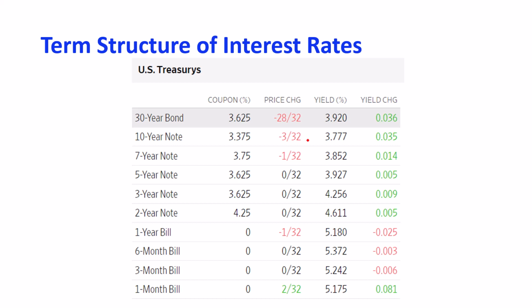So let's look at the term structure of interest rate today.